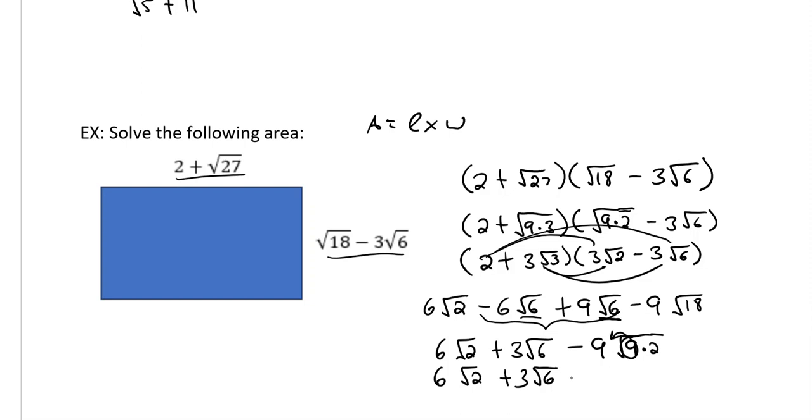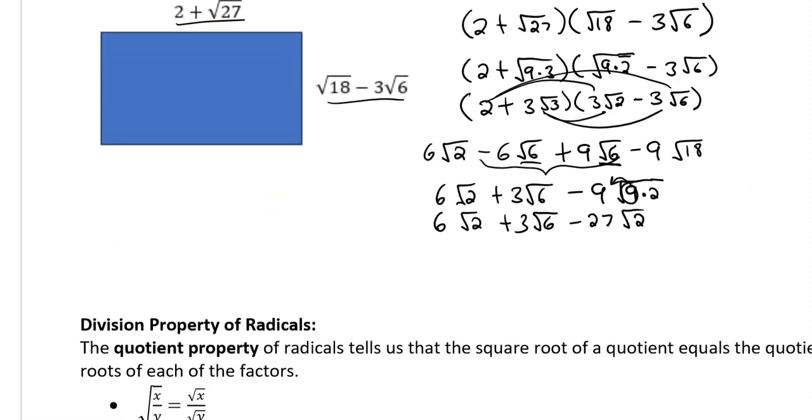So this becomes minus 27 root 2. And that was important because now I have like terms again. I've got the root 2 and I've got the root 2. So 6 minus 27 is going to be negative 21 root 2 plus 3 root 6. And there we go.